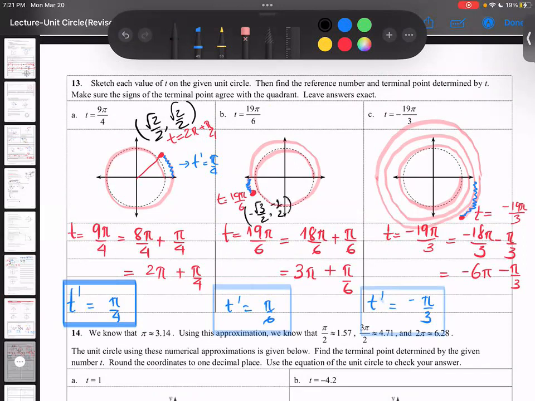And for C, the point is positive 1/2, negative root 3 over 2.